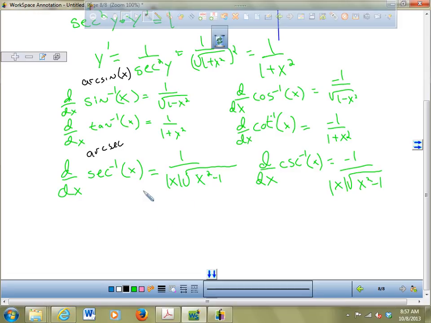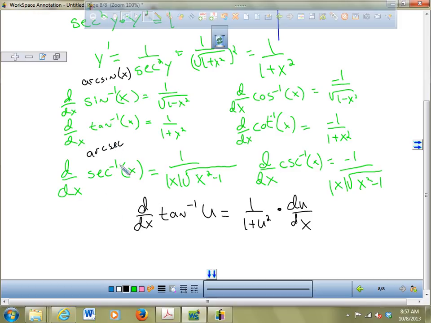So if you have d/dx of inverse tangent of u, for instance, it is equal to 1 over 1 plus u squared times du/dx. So in other words, you can use these inverse trig functions to find the derivatives of more complicated functions.